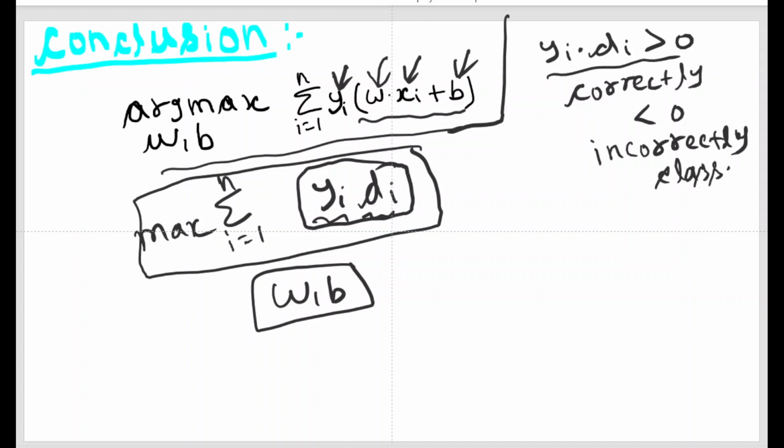So what do we actually want? Let's understand the notation that I have written here. It says argmax, argument maximum, over W comma B.